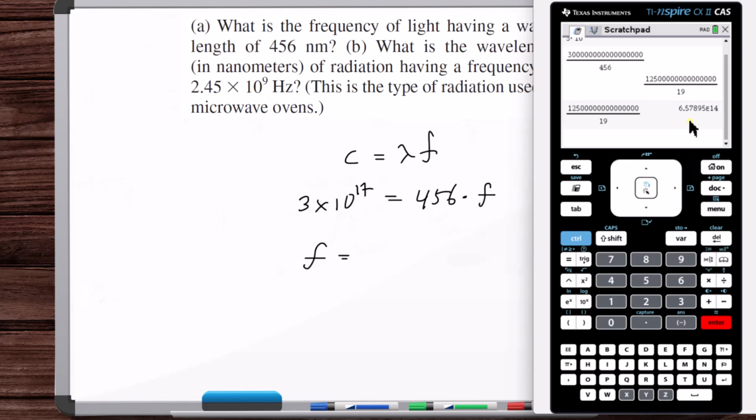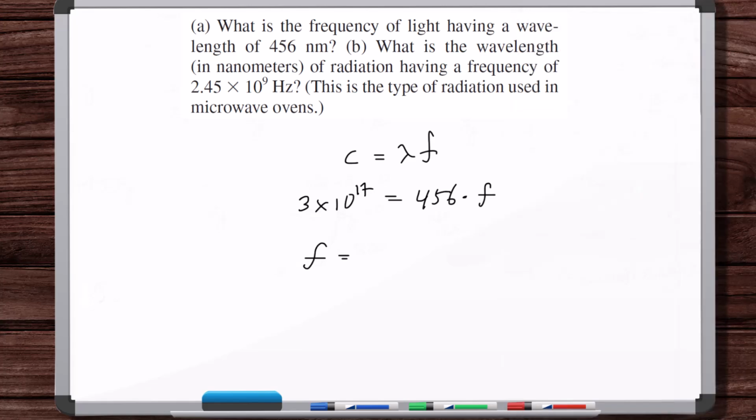And that would cancel out the nanometers, and we're going to be left with hertz, 1 over seconds. 6.58 times 10 to the 14th, one over seconds, hertz. So this is part A.